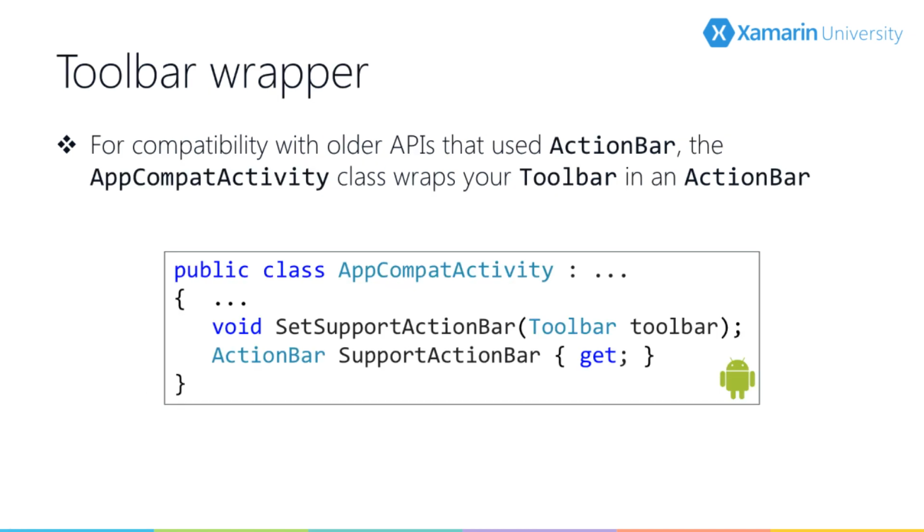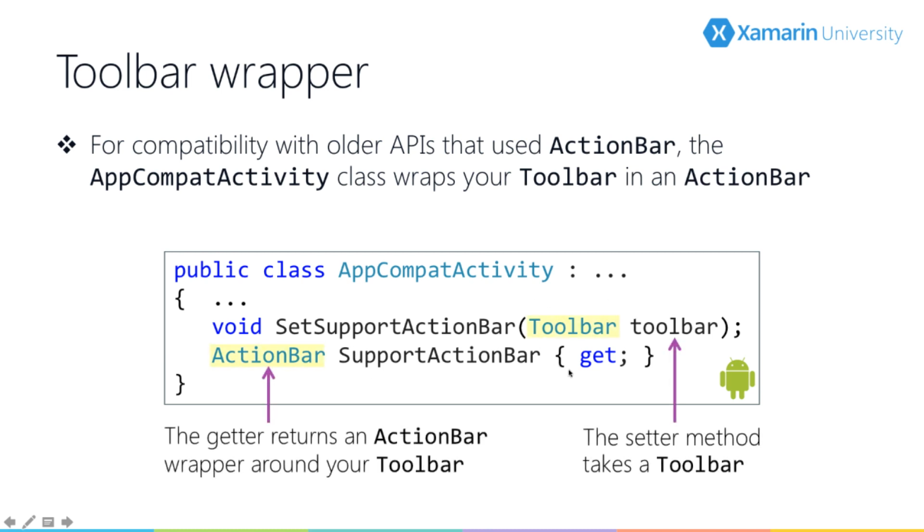Let's look more closely at these methods. The first one's sort of obvious, set support action bar. The name maybe is a little bit funny because it says action bar instead of app bar, but the idea is pretty simple. This is the way you install a toolbar object as your activity's app bar, and we'll see what that means in just a moment. The second one is kind of interesting as well here, support action bar property. So you have a getter there that returns an action bar.